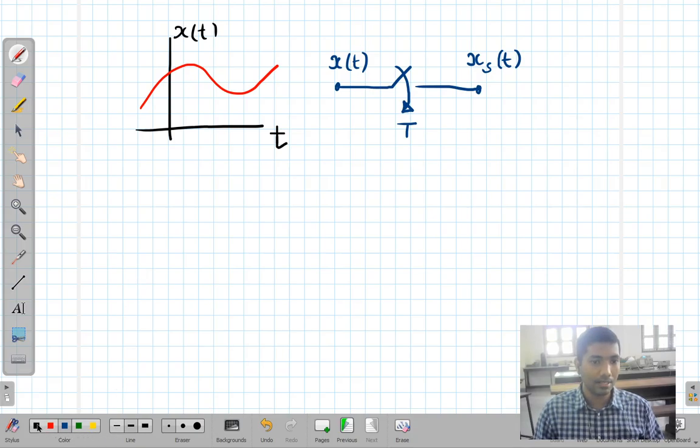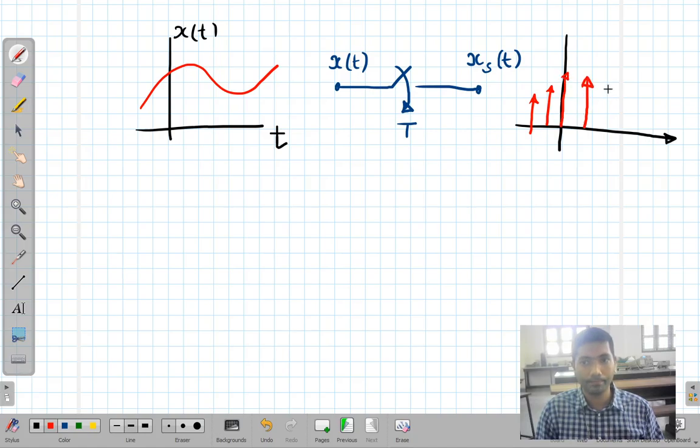So what will this sampled signal be? It will have samples at a period of capital T. Suppose the gap between the samples is capital T. I am trying to get the samples after each T, so this is T, this is 2T, 3T, 4T, and so on.